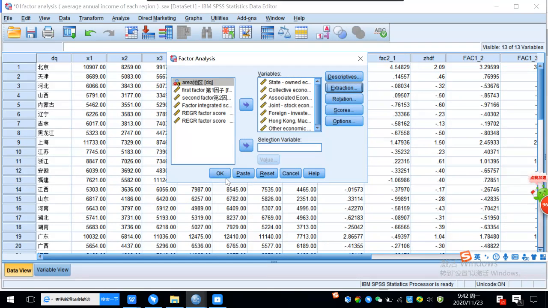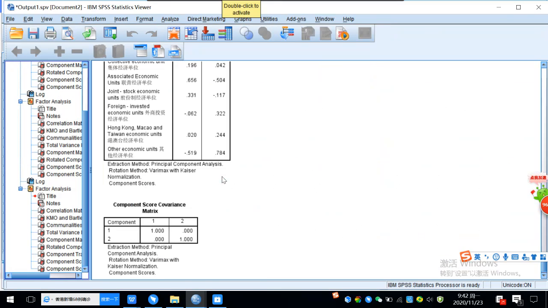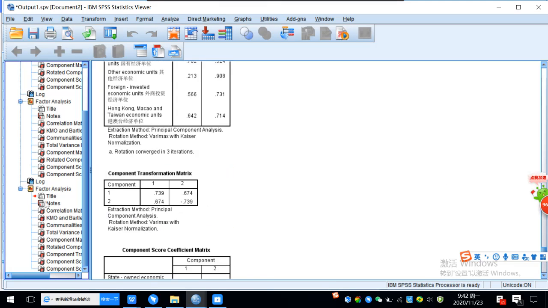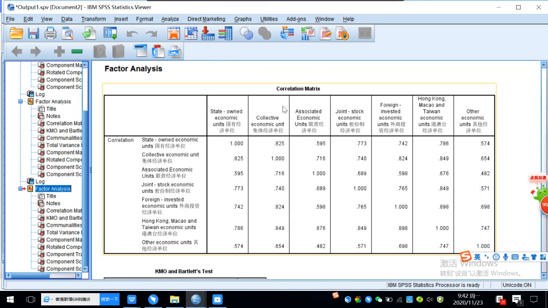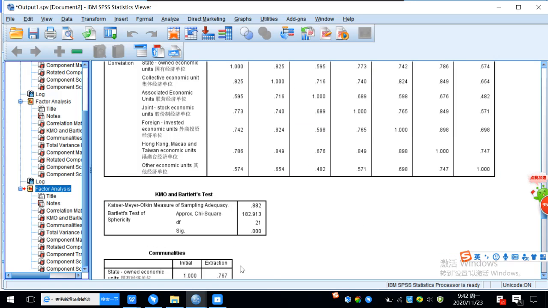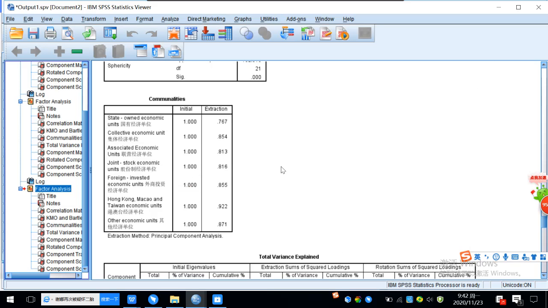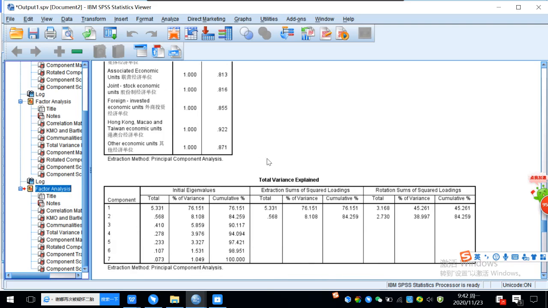Continue. Okay, the correlation matrix, the same. KMO, same. Communities. Let's look at the communities this time, and how many factors we extracted.